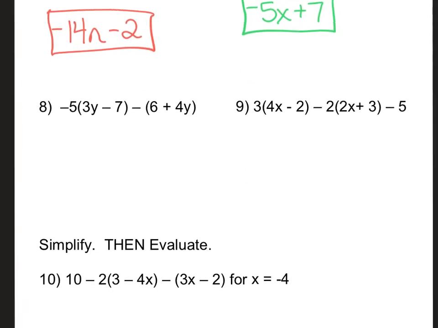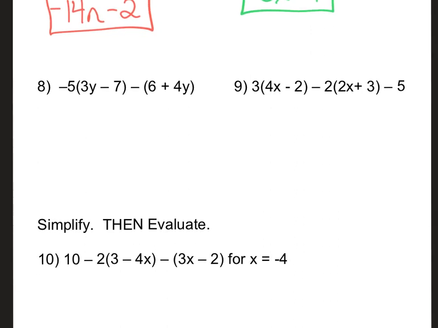All right, so let's look at number 8. We've got a couple things to do here. We have to distribute in 2 different places. You do want to show your work. You want to do it step by step. Don't try to jump to the final answer. We will expect to see your work on your paper, okay?